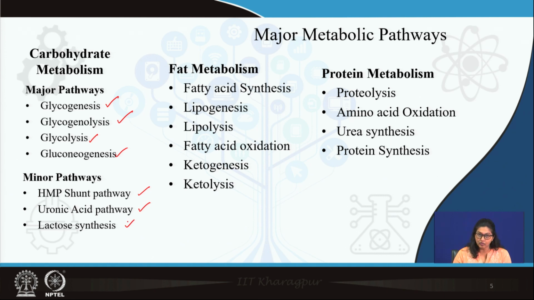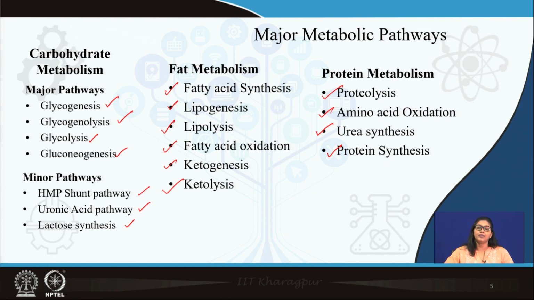Then related to lipid metabolism, there is fatty acid synthesis as well as fatty acid oxidation, lipogenesis like phospholipid, triacylglycerol formation, cholesterol formation, as well as their degradation, lipolysis, then ketone body synthesis, ketogenesis, or their degradation, ketolysis. And finally, in protein metabolism, we talk about both protein synthesis as well as protein degradation like proteolysis, amino acid oxidation, and the excretion of urea in the urea cycle, how urea is synthesized.